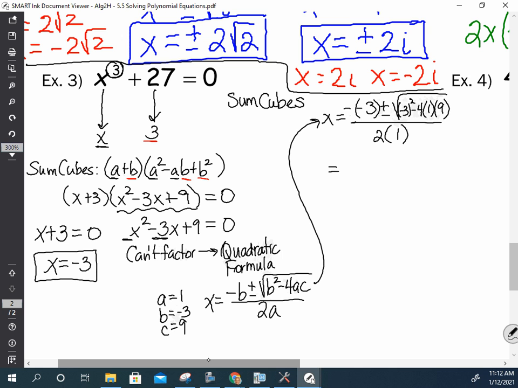So the opposite of -3 is 3. -3 squared is 9. 4 times 1 times 9 is 36, over 2. 3 plus or minus the square root of -27 over 2.